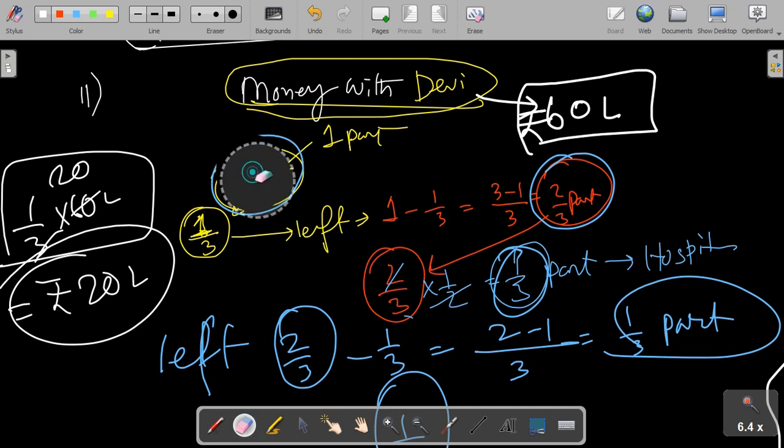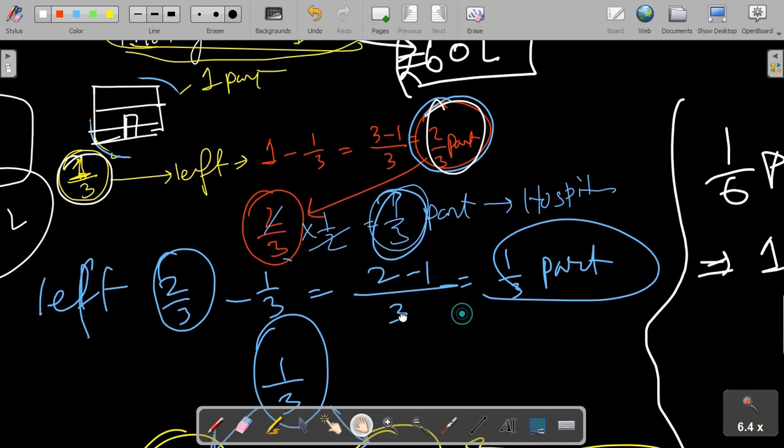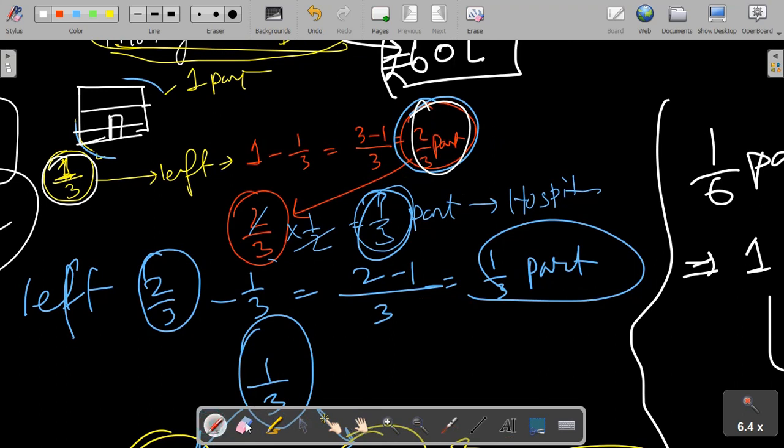Let's start once again. Suppose she has given to the school, so let us do it in a diagrammatic way. So it's the school, and she has given 1/3. Now she is left with 2/3. Half of the 2/3 she has given to the hospital.